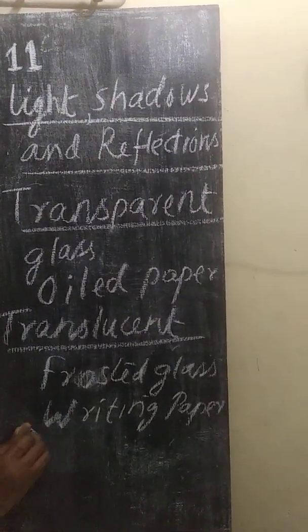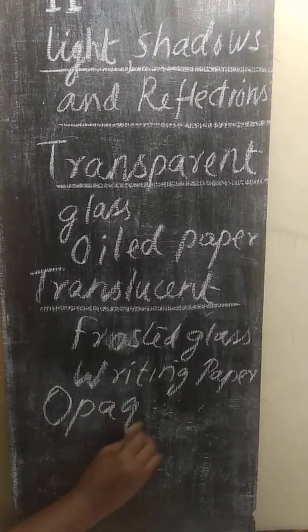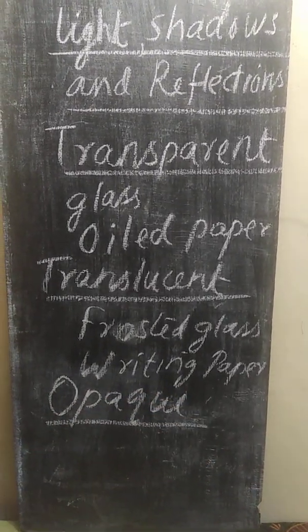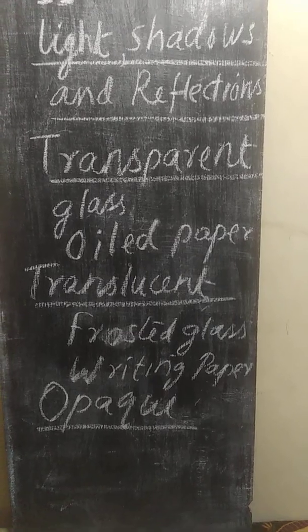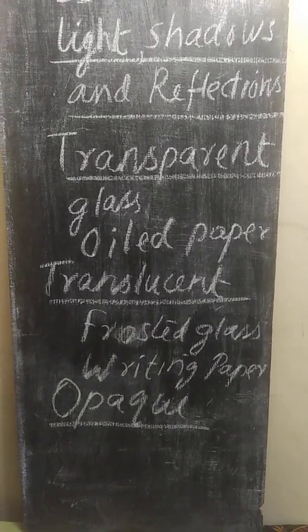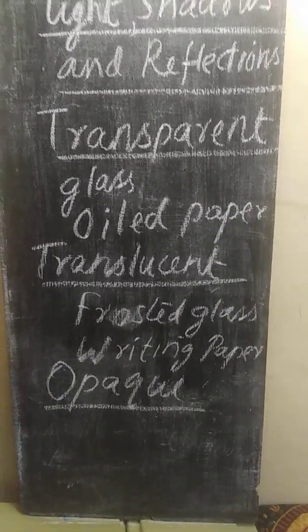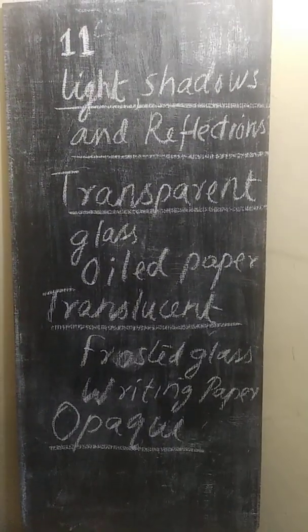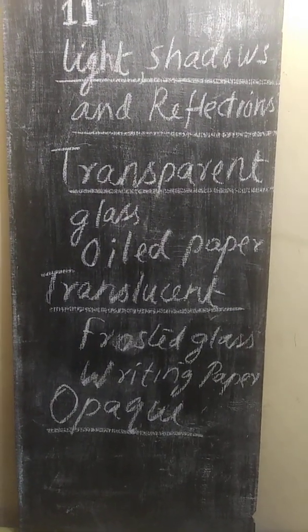And there is one more type, we call them opaque objects. Opaque objects do not allow any light to pass through. If you place an opaque object in the path of light, it will completely block the light.